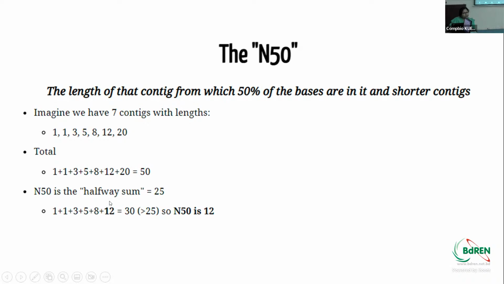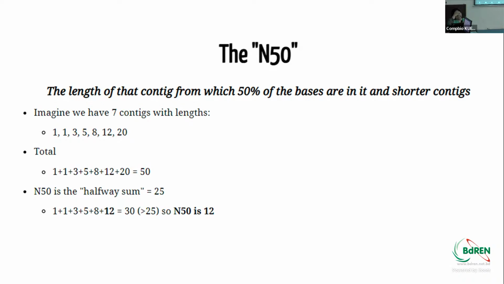So when we come to number 12, we get a summation of 30, which is greater than 25. That's why the N50 of this assembly is 12. The N50 is the halfway summation, the 50th percent, of the total ordered contig length.